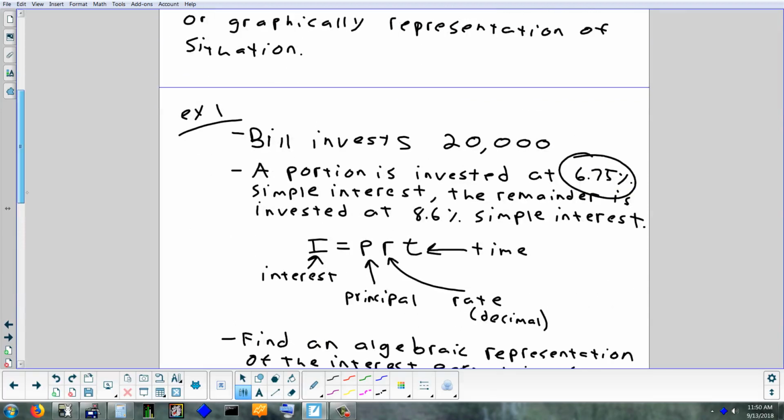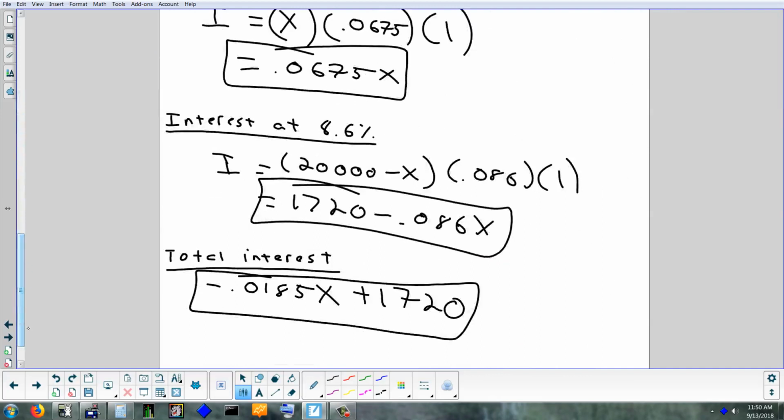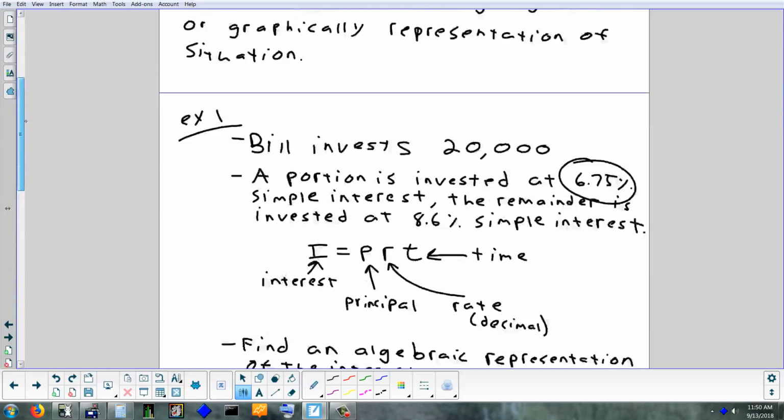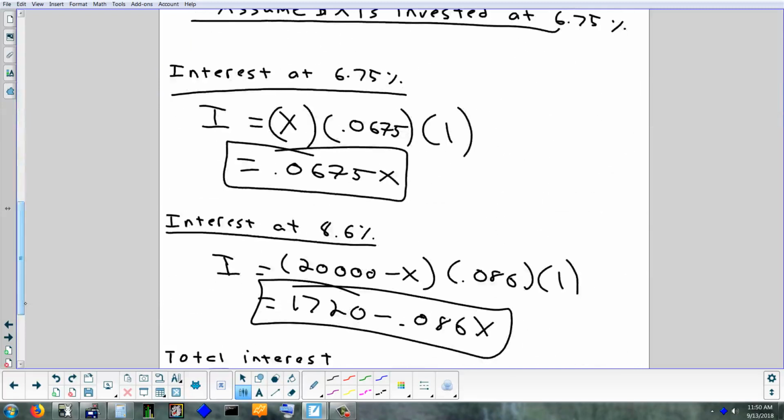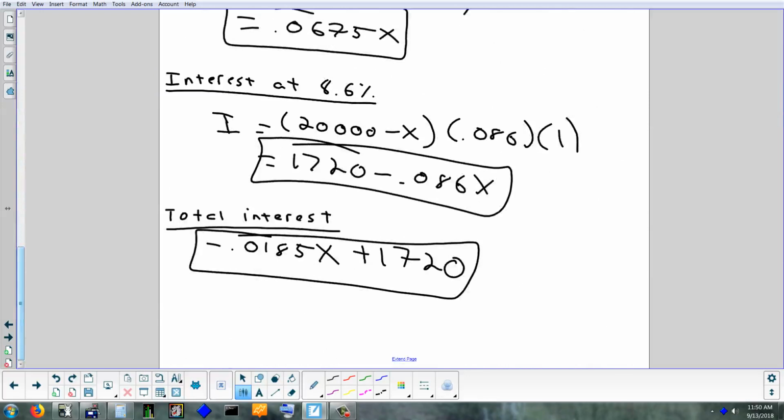So when we graph it, you're going to see basically that if he put all his money in the other investment and he put $0 in the lower one, he would make $1,720. That's the most interest he could make. As he starts to put more and more money in the lower paying investment, he starts losing interest, and that's why that's a negative right there. Yeah. So you basically see it as a line like this. Interest is going to keep going down the more money you put in the lousy investment. It's not lousy, but it pays lower.